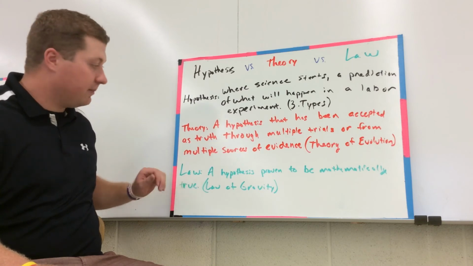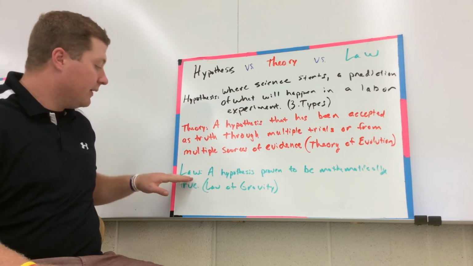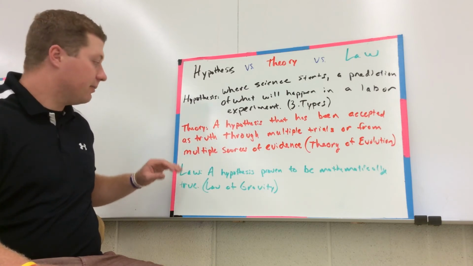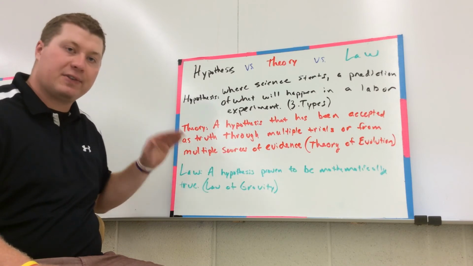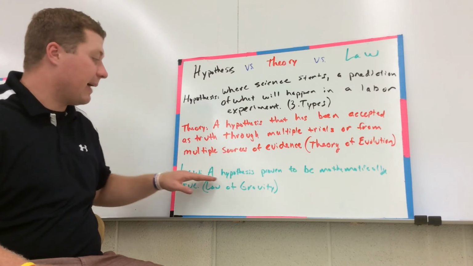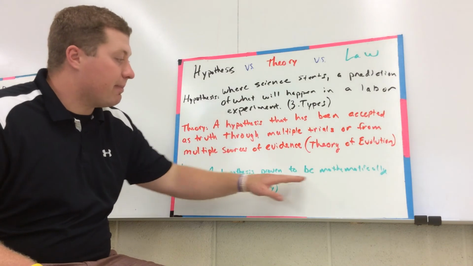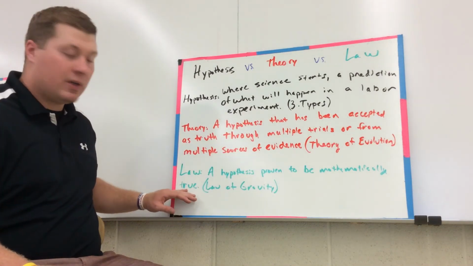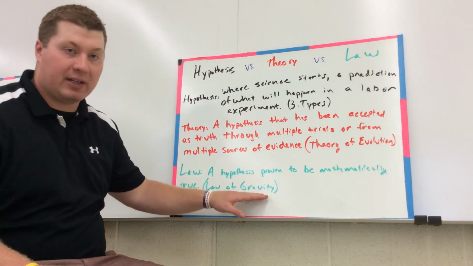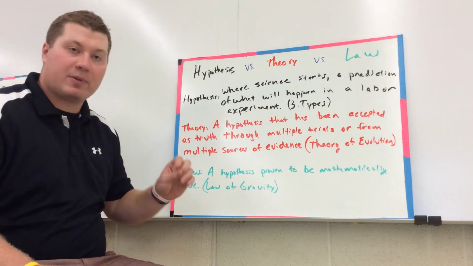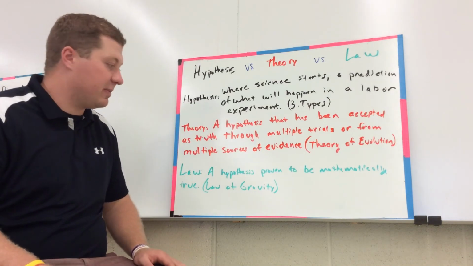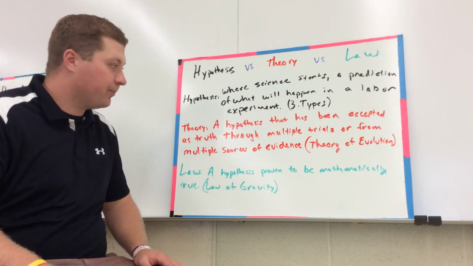Down here in the green is the statement for a law. A law is a little bit different, but again, a theory and a law are on the same level. It's just that a law is a hypothesis proven to be mathematically true. For example, the law of gravity. If you drop something on Earth, it will always fall at the same rate.